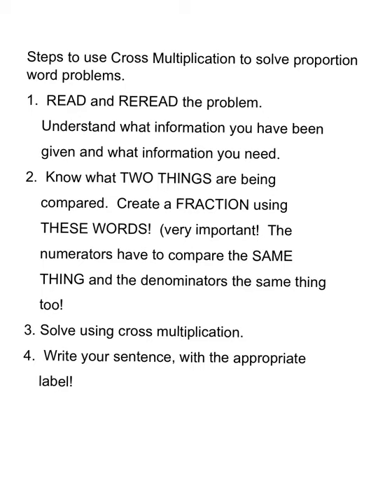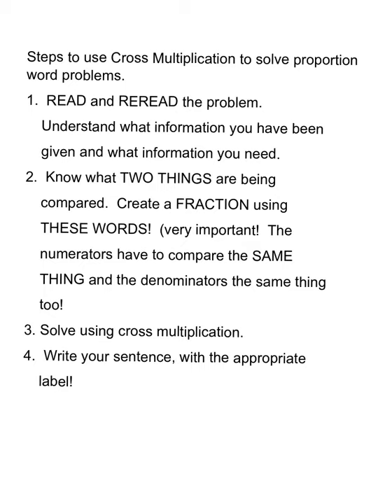Make sure your first fraction is what you know both parts for and include their labels, because when you set it equal to the second fraction, the numerator has to stay the numerator, the denominator has to stay the denominator. If the numerator is chickens for the first fraction, the second fraction still needs to be chickens. So use the labels on the numbers so that you don't accidentally mess that up.